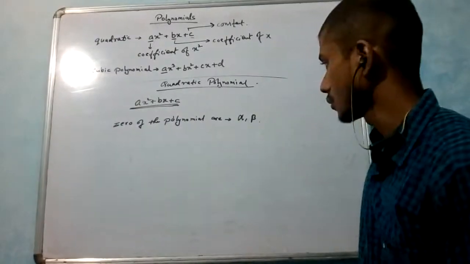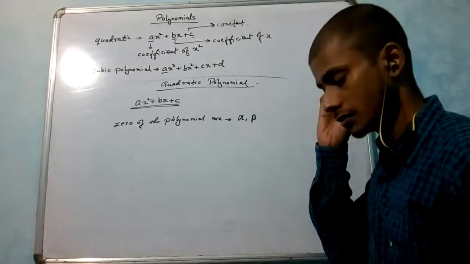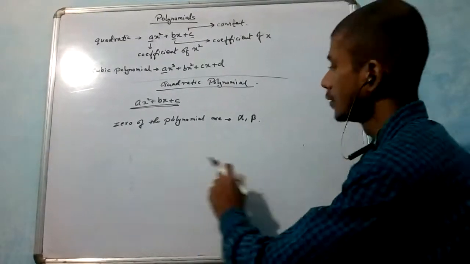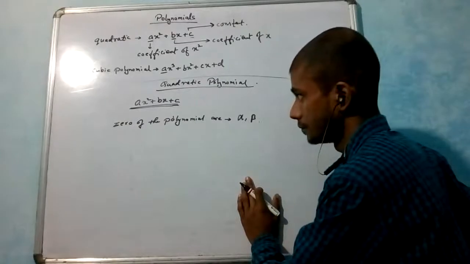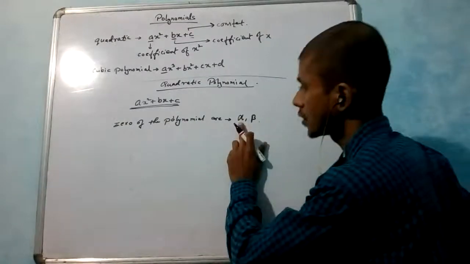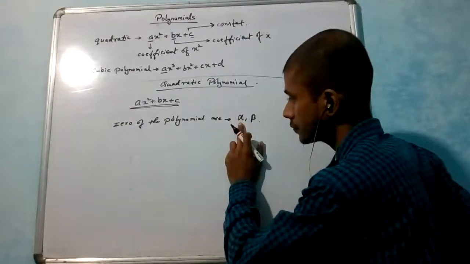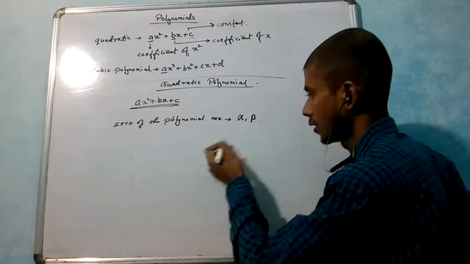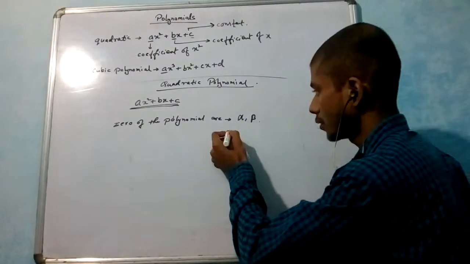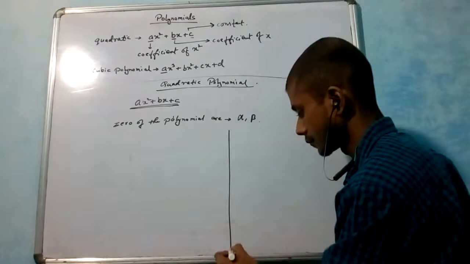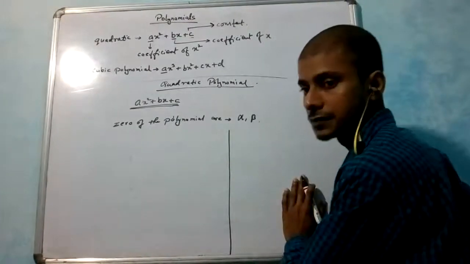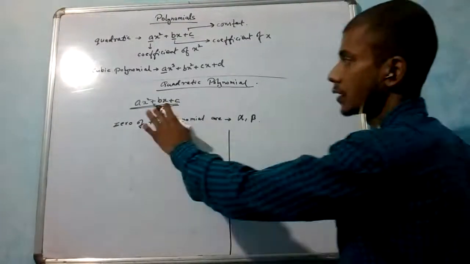So if they are the zeros, then we have to understand that from the zeros, there are two things to understand. Okay. One, we have to understand about the factors of this polynomial.